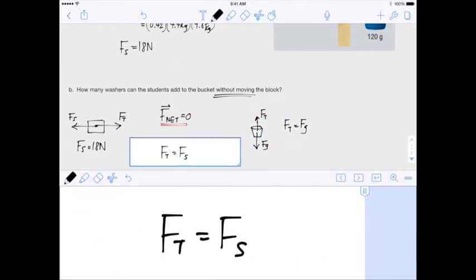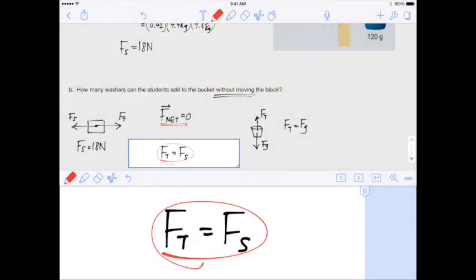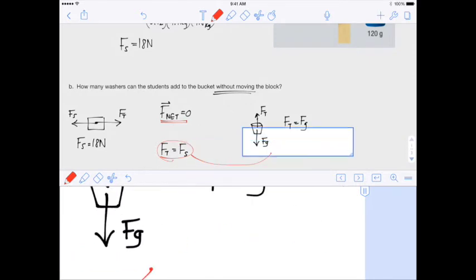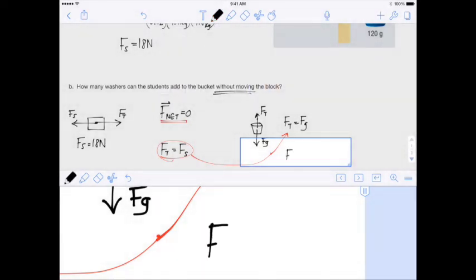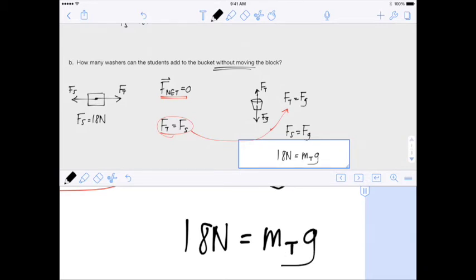And we've determined in this statement here that tension is equal to the force of static friction. So we can then say that the force of static friction is equivalent to the force of gravity. So the 18 newtons of static friction is going to be equal to the total mass of the bucket and its washers times little g, the gravitational field intensity.